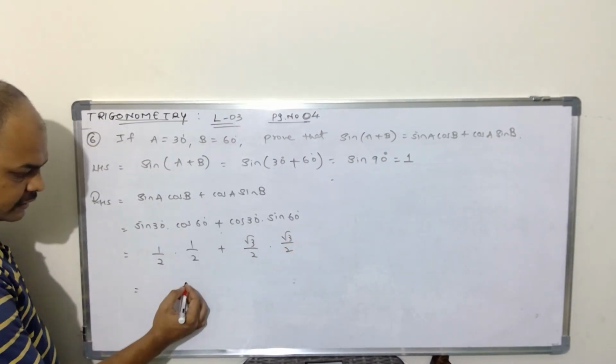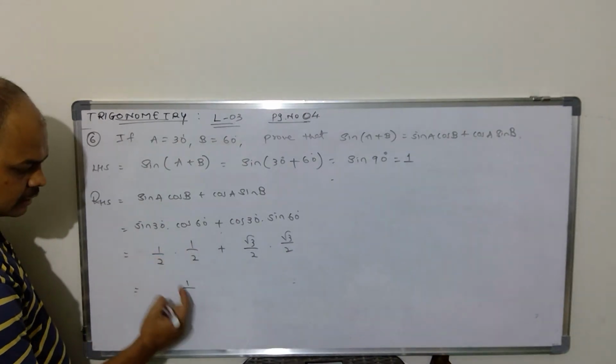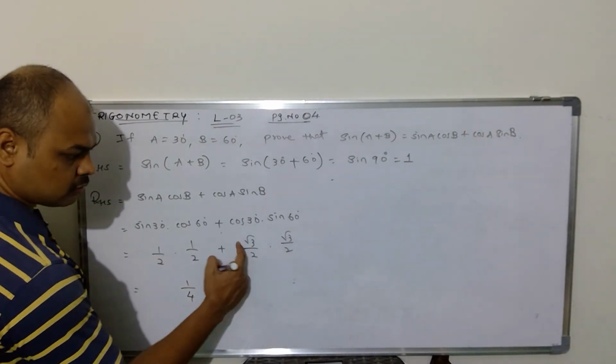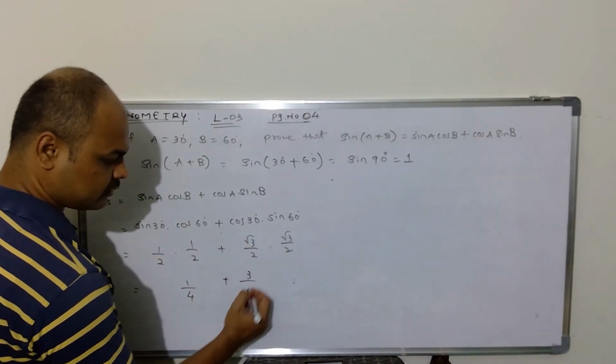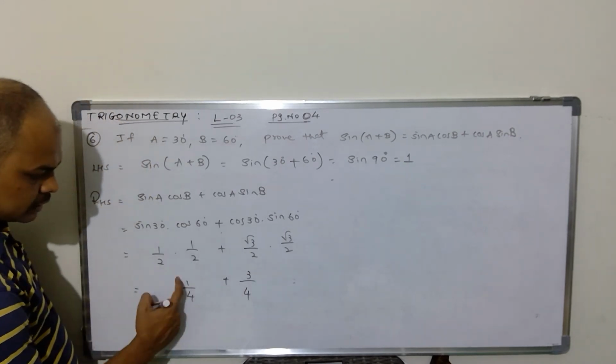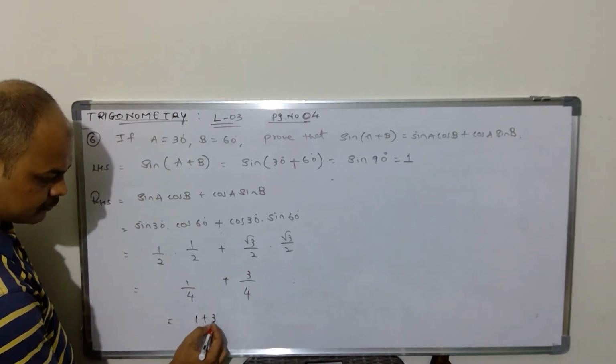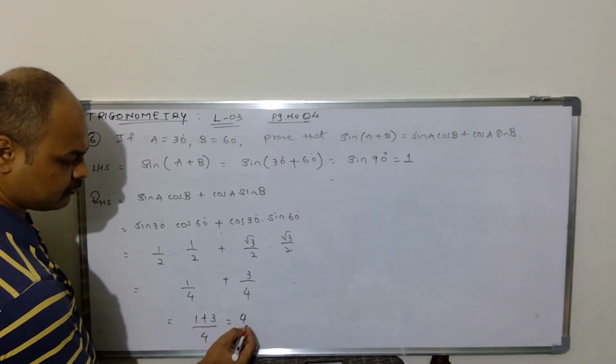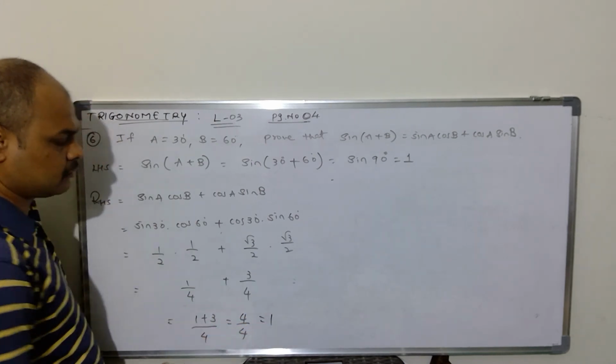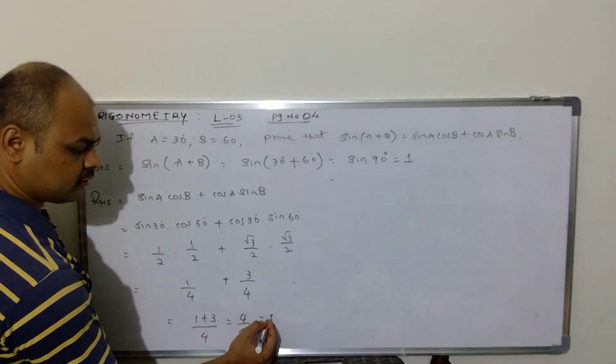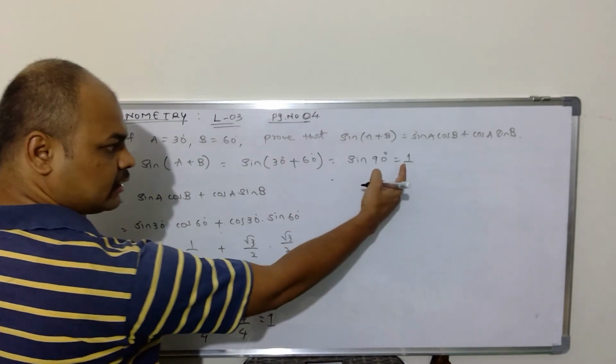Okay, let us simplify. 1 1s are 1, 2 2s are 4, root 3 3s are 3, 2 2s are 4. So 1 by 4 plus 3 by 4, so that should be 4 by 4 equal to 1. So the answer of RHS is also 1, and the answer of LHS is also 1.